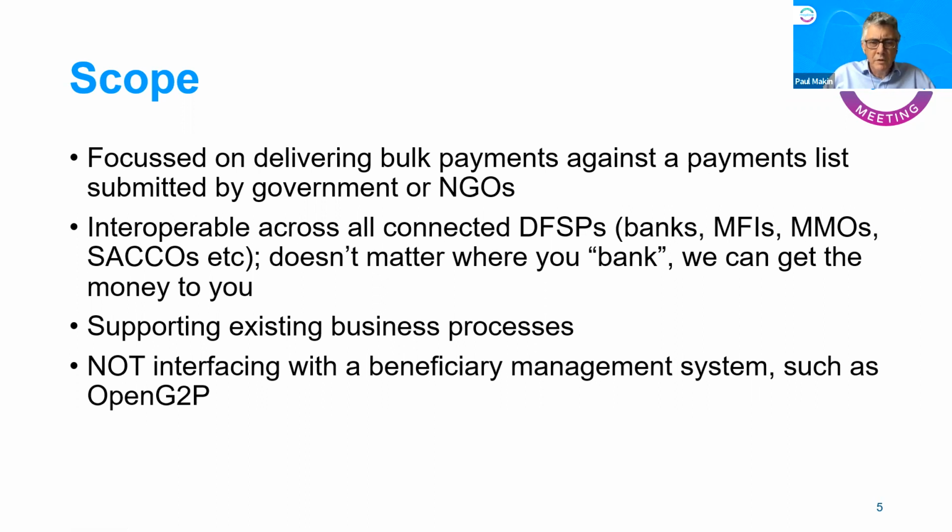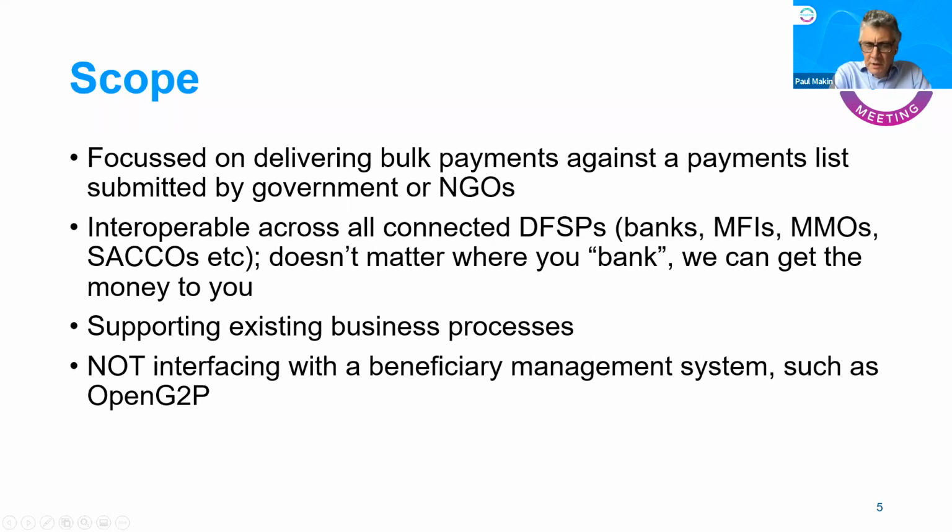And we can also, and this is an extremely important element of it, we can demonstrate that you receive the money, and also through collaboration with the end DFSPs, verify whether you actually received it as cash. Another important element is that we have to support the existing business processes.